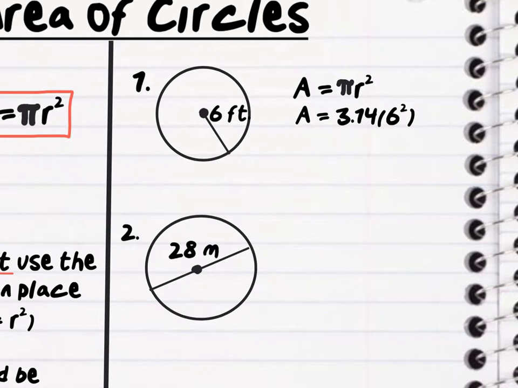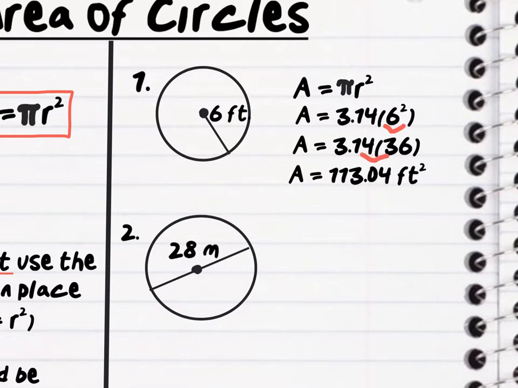Because remember, 6 to the second power is not 6 times 2. 6 to the second power is 6 times 6. So for your notes, I want you to write it like this, 3.14 times 36. And here I'm going to put a little arrow saying we did that first, okay? Now in your calculator, enter 3.14 times 36, and that'll be your area.